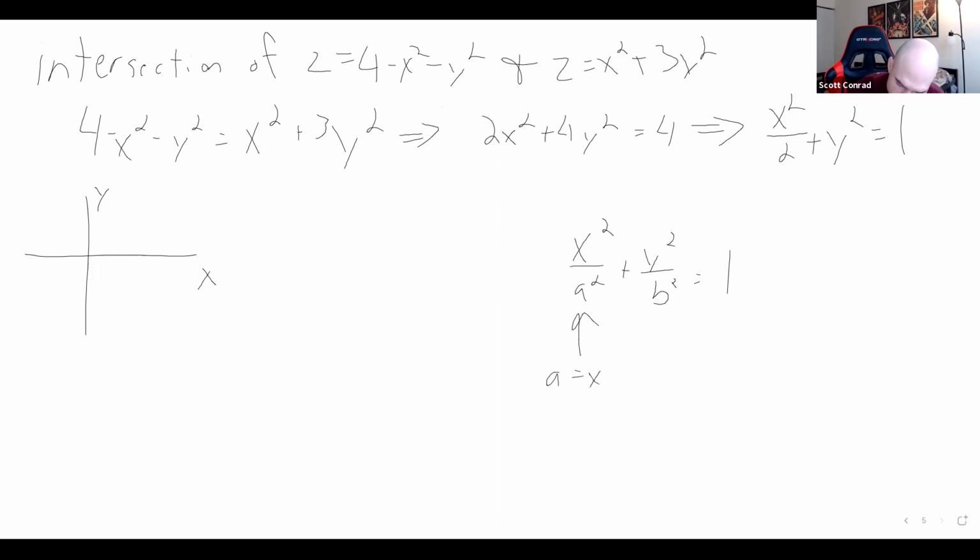And here a is the x radius, and b is going to be the y radius. So then our a squared in this case would be 2. So then what is our a? What's our x radius?